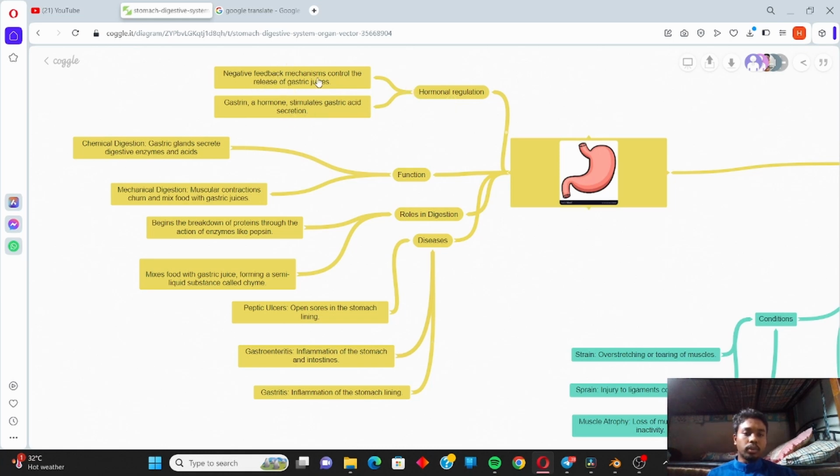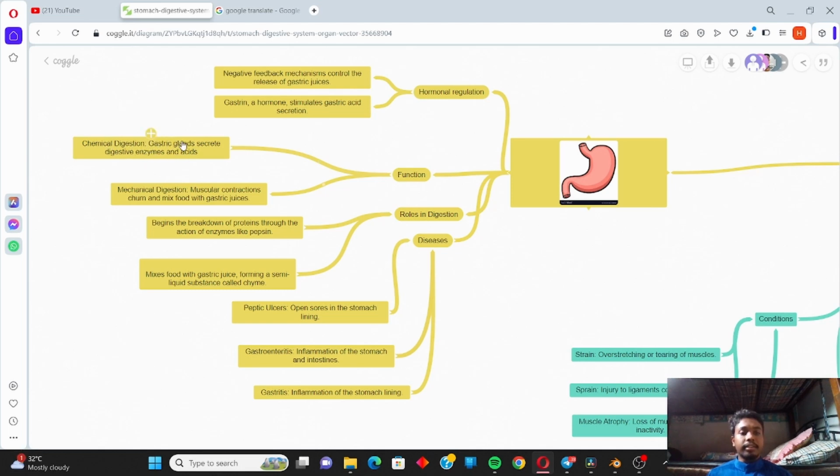We have two contents: gastrin, a hormone that stimulates gastric acid secretion, and a negative feedback mechanism that controls the release of gastric juices. This is hormonal regulation for the stomach. Then this is the function that I highlight: chemical digestion and mechanical digestion, and the main function is to store food.